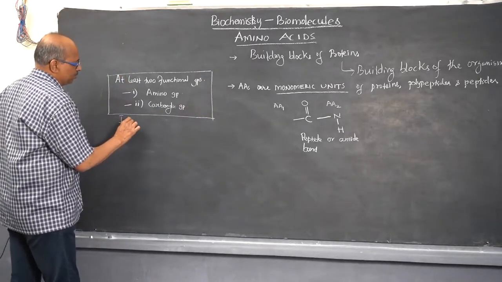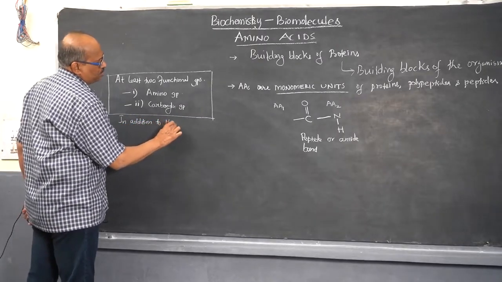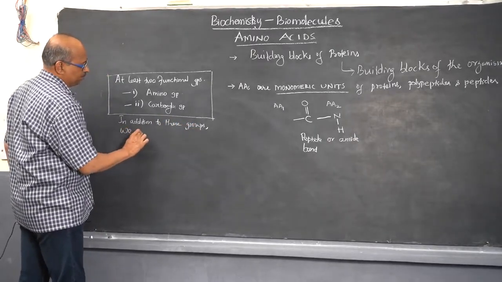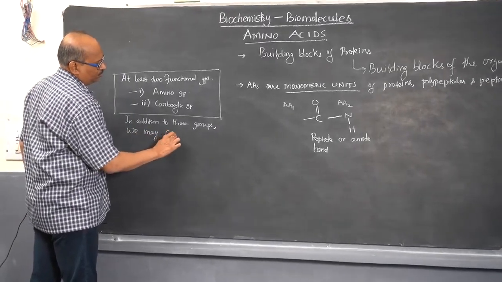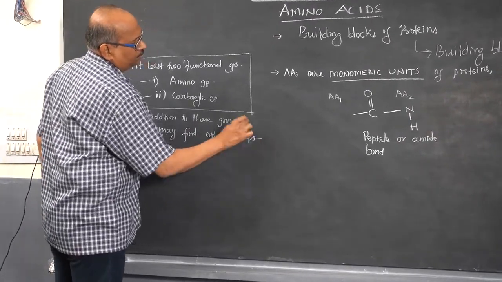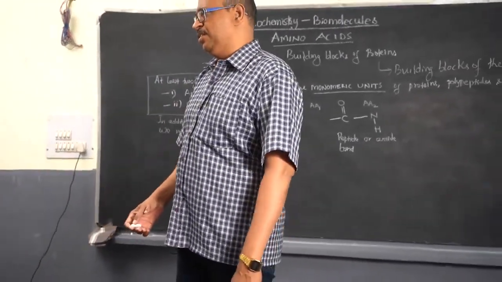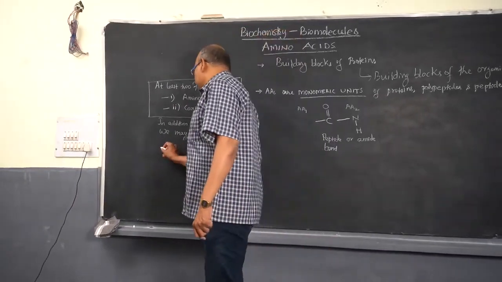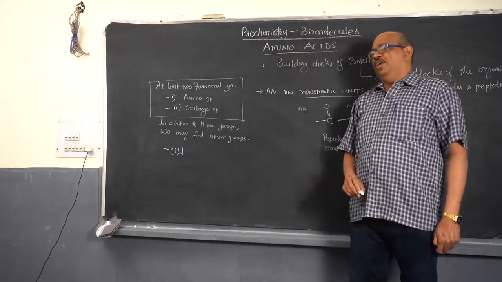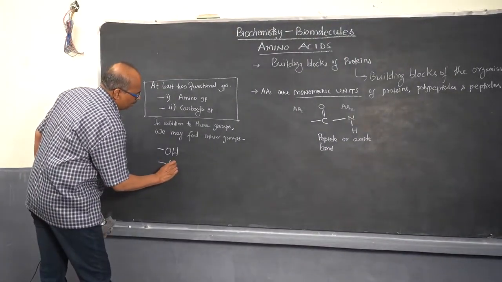In addition to these groups, we may find other groups. For example, when you take amino acids such as serine, you find the presence of a hydroxyl group. When you consider an aromatic amino acid, you find an aromatic group.